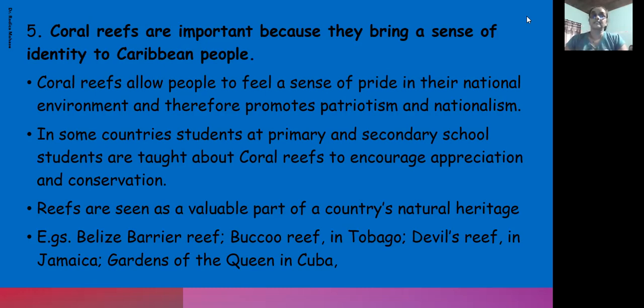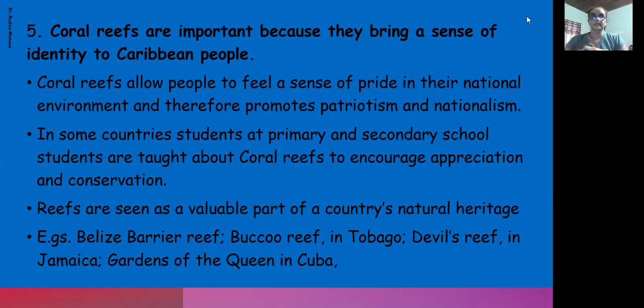So the reefs are seen as a valuable part of a country's natural heritage. And think again of Belize Barrier Reef. It is a World Heritage Site, a UNESCO Heritage Site. And there's some examples here. Other than the Belize Barrier Reef, we have the Buccoo Reef in Tobago, Devil's Reef in Jamaica, and the Gardens of the Queen in Cuba.